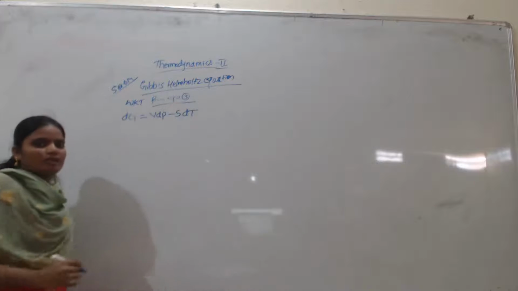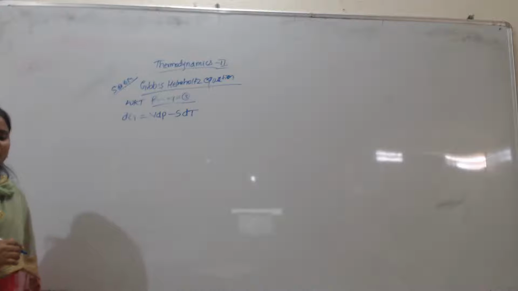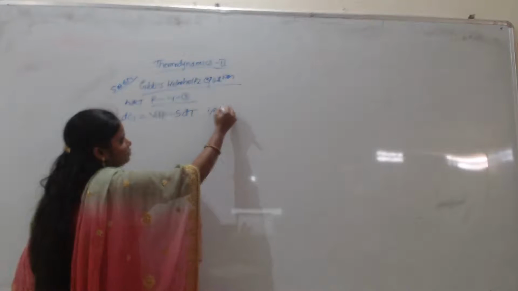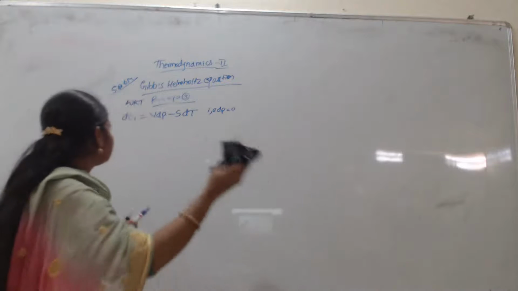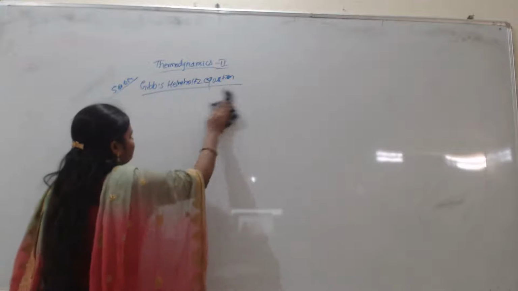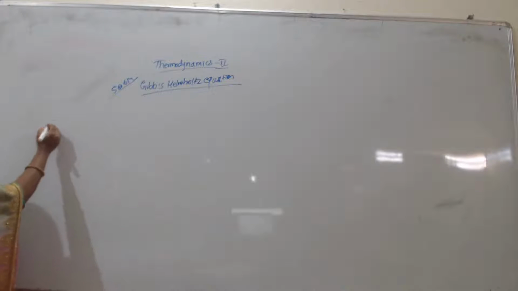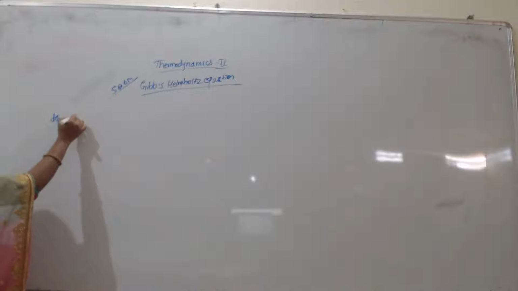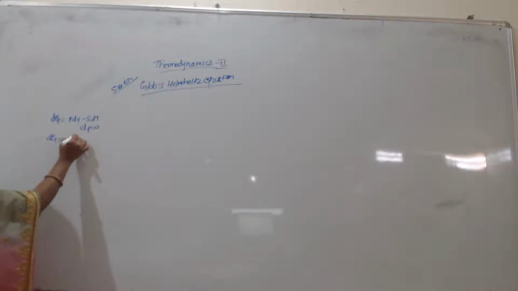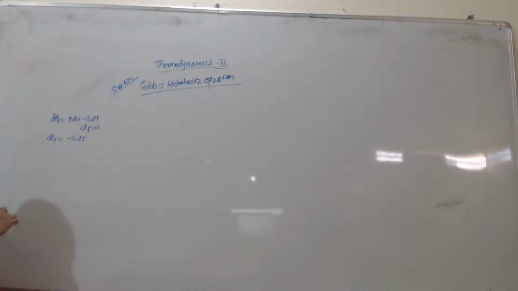At constant pressure, that is dP equals 0, we get dG equals minus SdT.